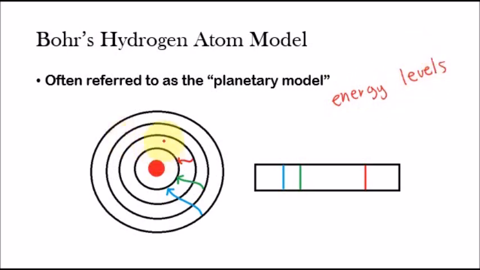Okay, so they go from in to out. The energy level closest to the nucleus is going to be energy level 1, and then 2, then 3, then 4, as you go out. And the energy levels have more and more energy. So energy level 1 is not going to have as much energy as energy level 4. The farther you go out, the more energy you're seeing.